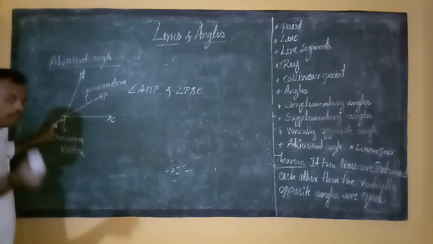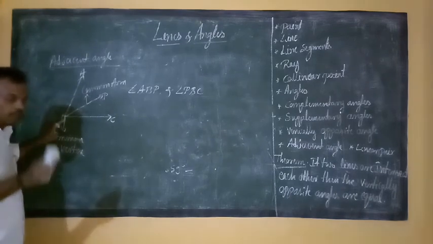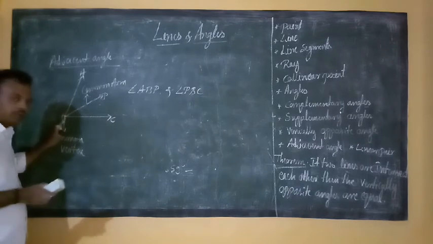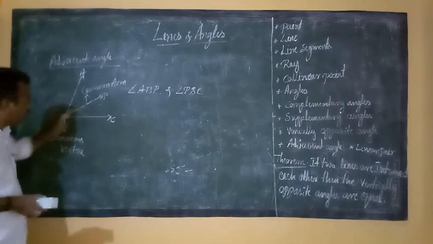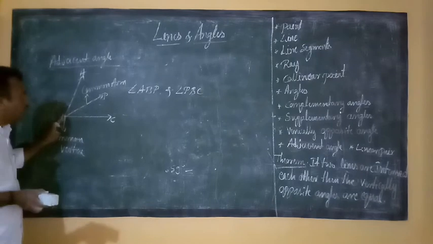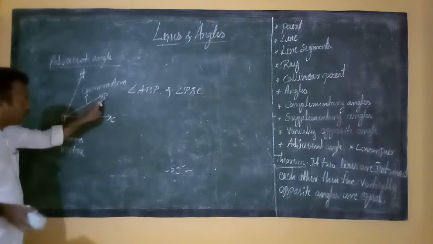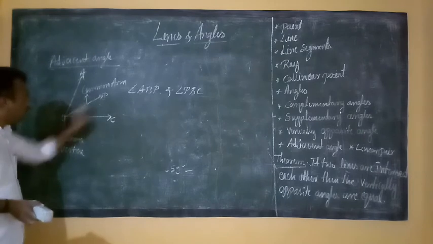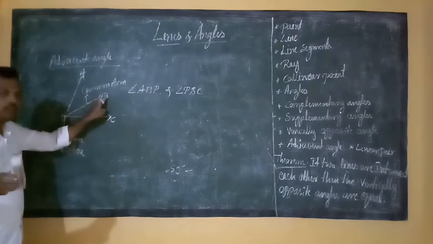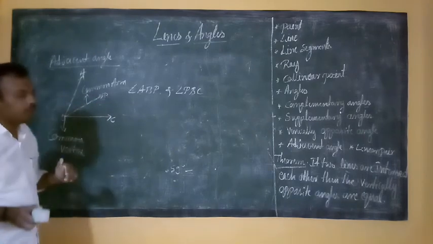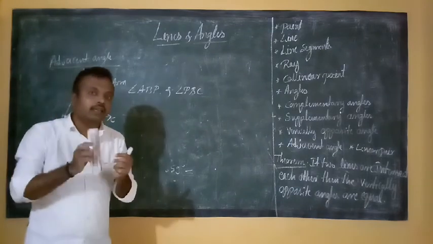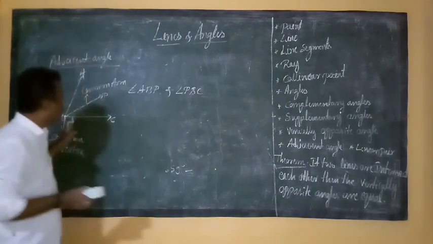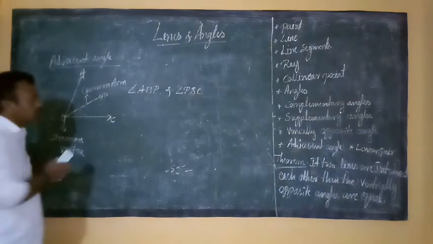In angle ABP, B is the vertex, and B is also the vertex of angle PBC. So both angles have the same common vertex. And in ABP and PBC, BP is a common arm. Therefore, adjacent angles means a pair of angles that has a common vertex and a common arm. So next one.